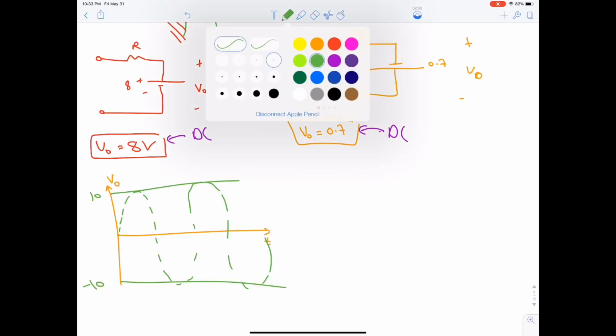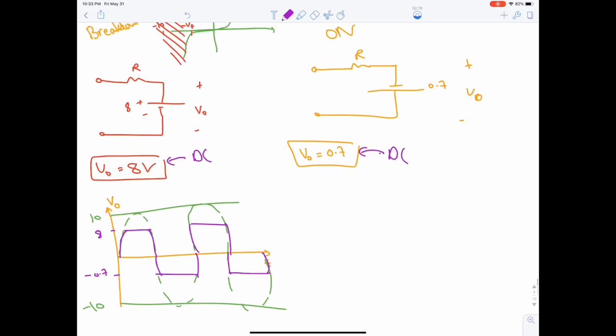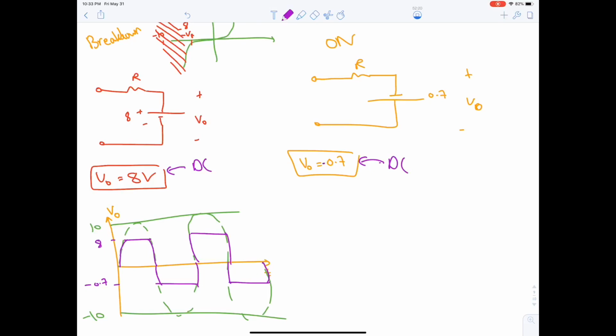When Vi is positive, V output is 8 DC value, so we're clipping. And when Vi is negative, V output is 0.7. I think it's minus 0.7, right? I have made a mistake here. Yes, it's minus 0.7 because they are in the opposite direction of the output.